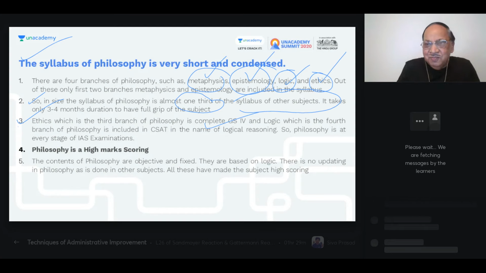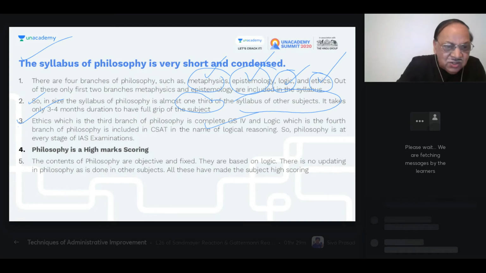That's the issue. So what I do and what my students do is guess certain topics beforehand, and you will be surprised to know that those topics sometimes come in the examination in sequence. So this is the benefit of the short syllabus that philosophy has.